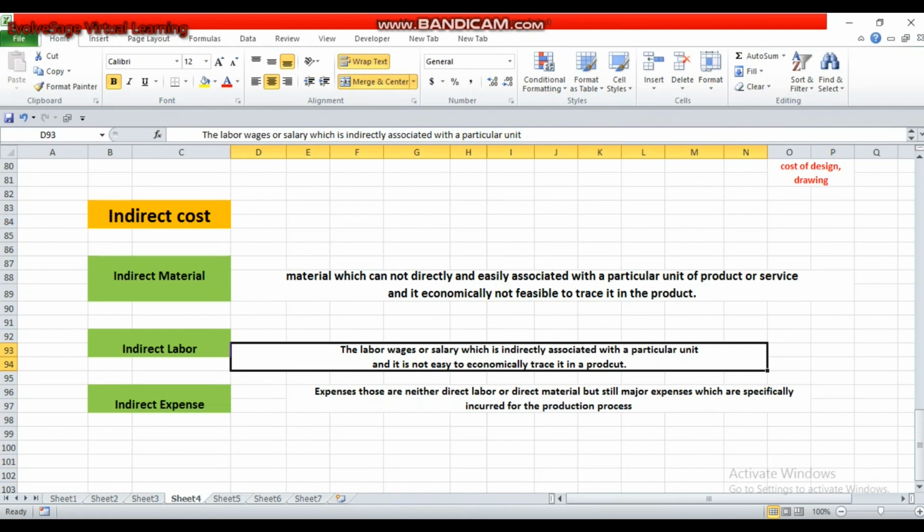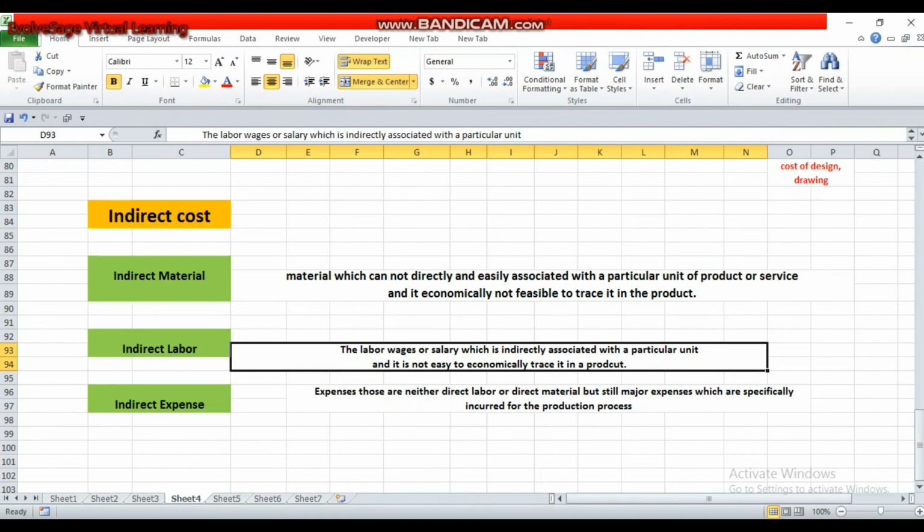So their cost is not directly involved, and the labor employed for the purpose of inspection will be included in indirect labor because it is not easy for us to trace how much time they have given to a specific product and how much cost they have incurred during the inspection of a single product. So their cost will be considered as indirect cost.